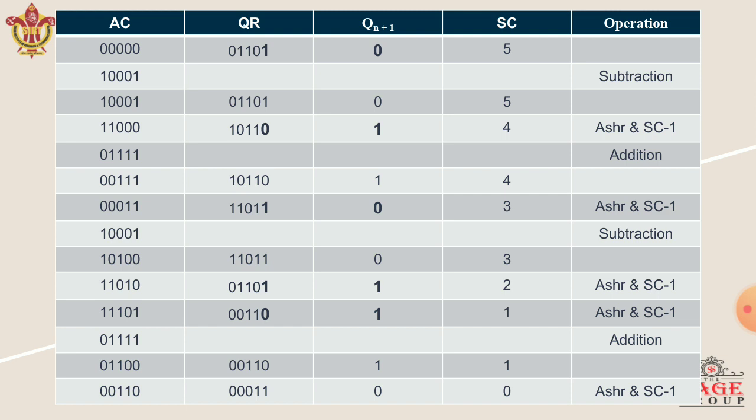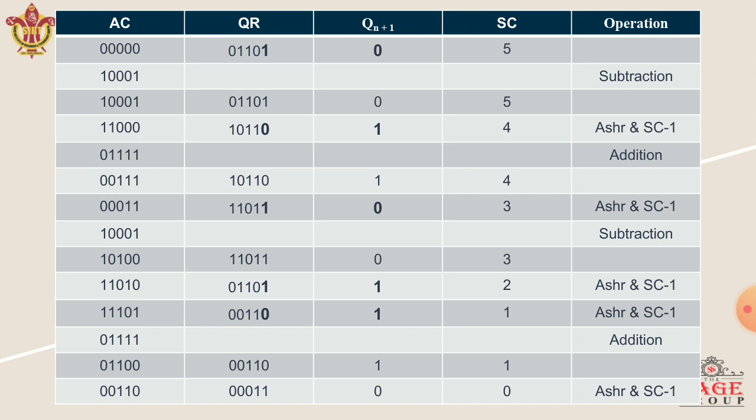After that, according to the flowchart, perform the arithmetic shift right operation on AC, QR and Qn plus 1 and decrement the value of SC by 1.